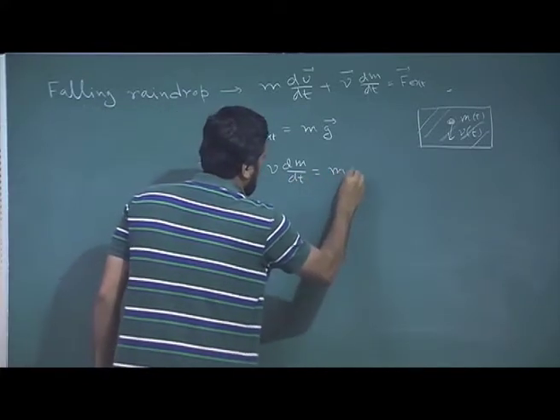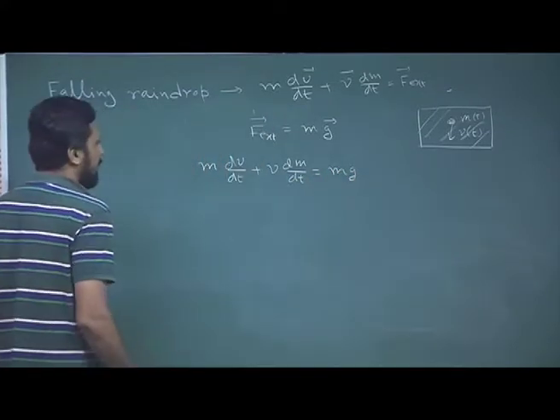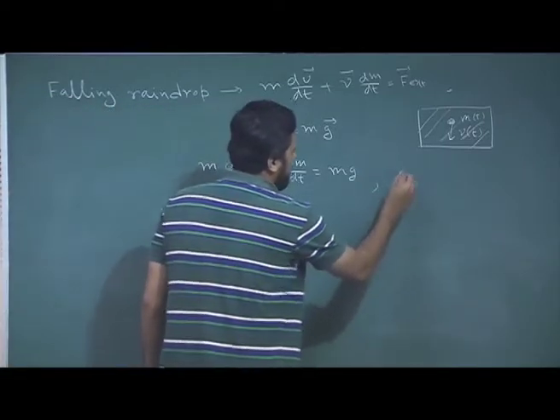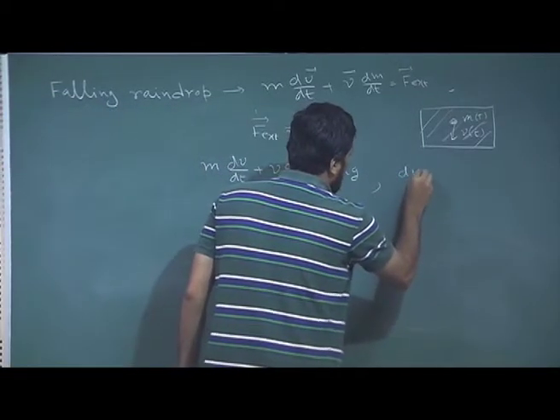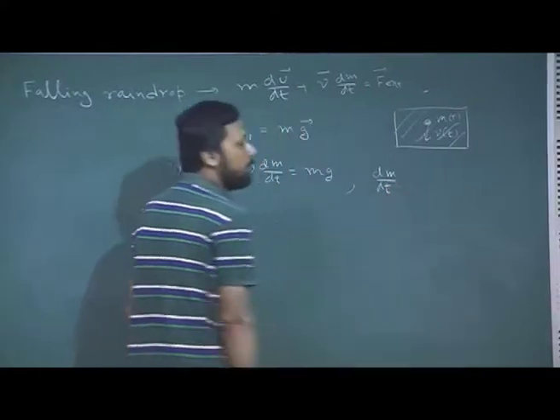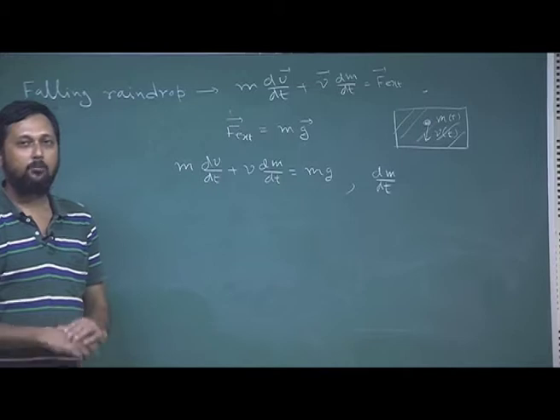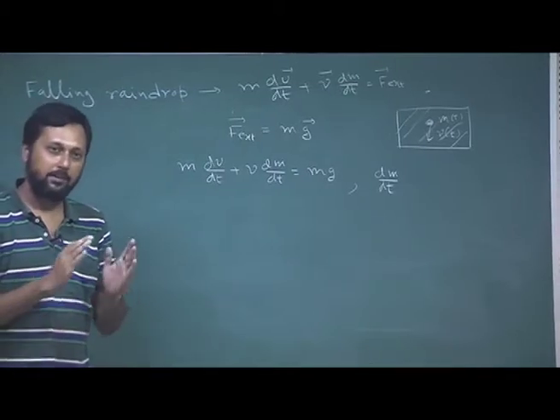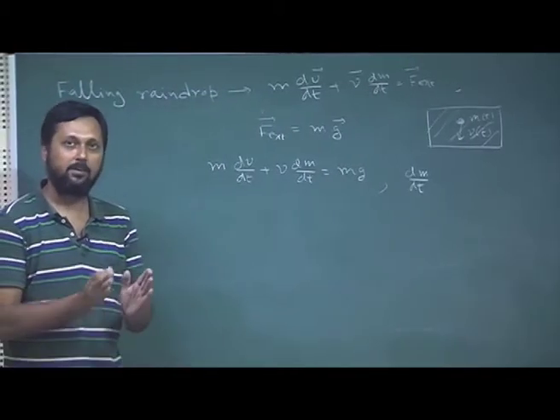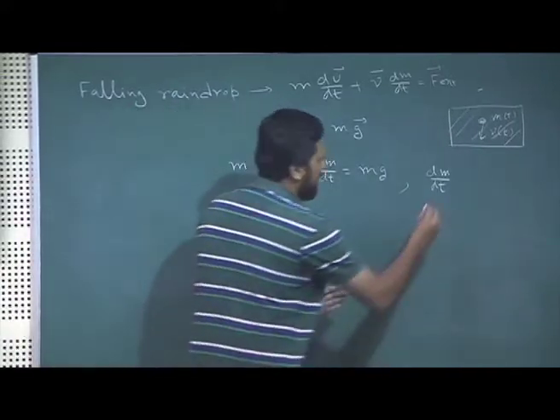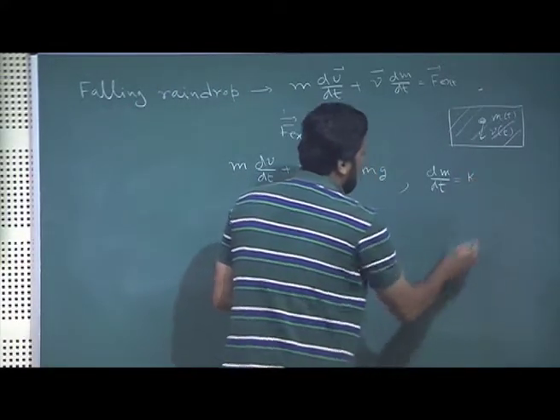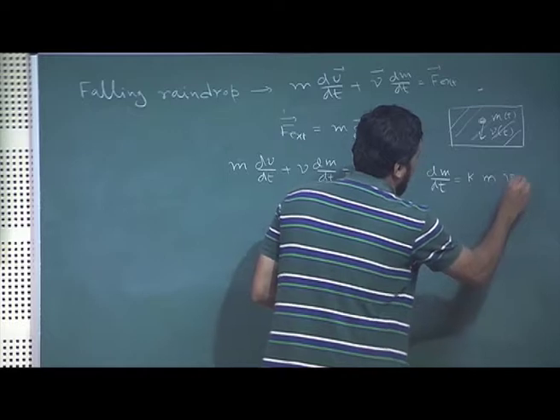Now, the second information which is given is that dm/dt, the rate of change of mass for this particular raindrop, is proportional to the product of instantaneous mass and instantaneous velocity, and we can take this as some constant k times m times v.